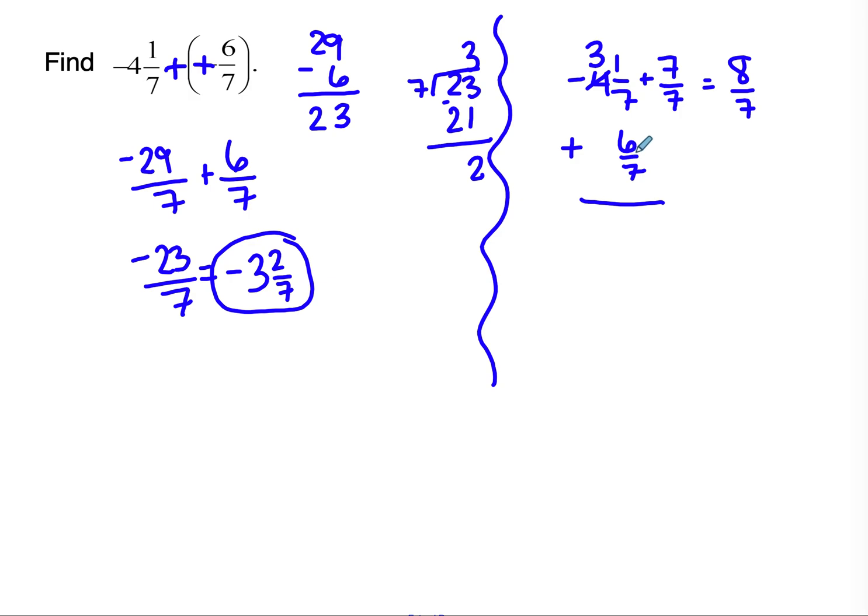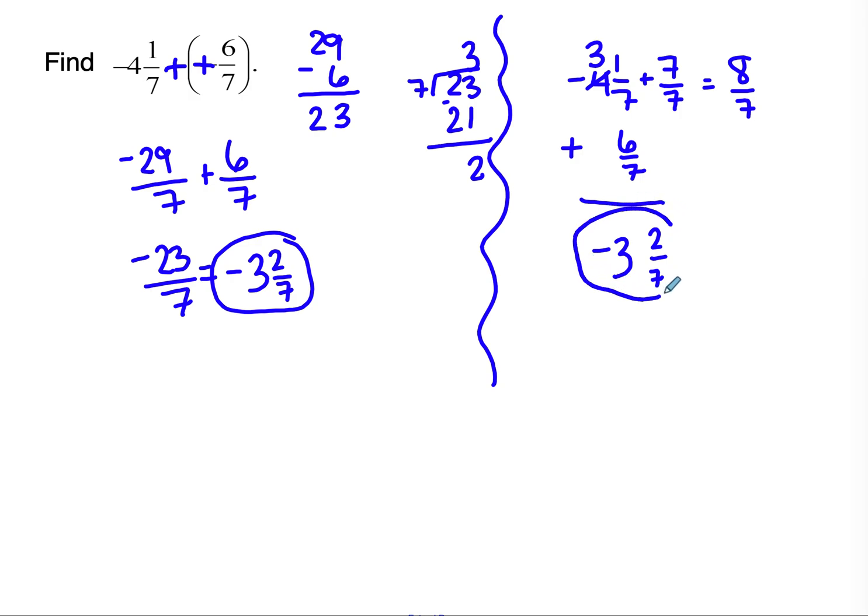And we're doing different signs, so we're finding the difference. 8/7 minus 6/7 is 2/7. -3 minus 0 is -3. So I've got -3 2/7, so I got the same answer this way.